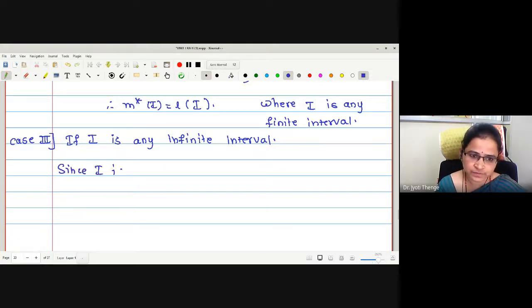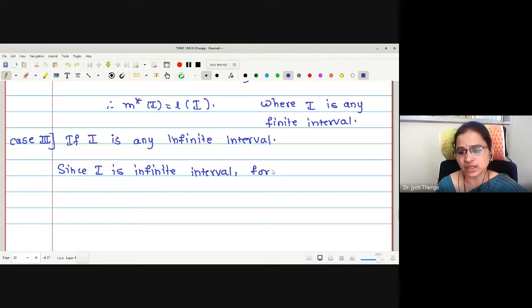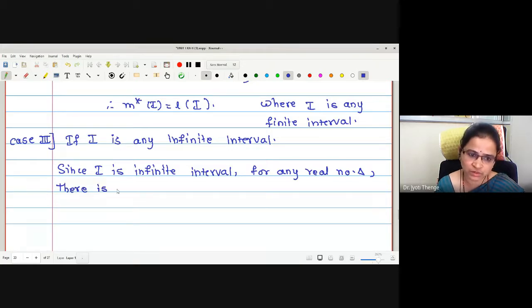Since I is an infinite interval, for any real number delta, there is a closed interval J such that J is contained in I and the length of J is delta.